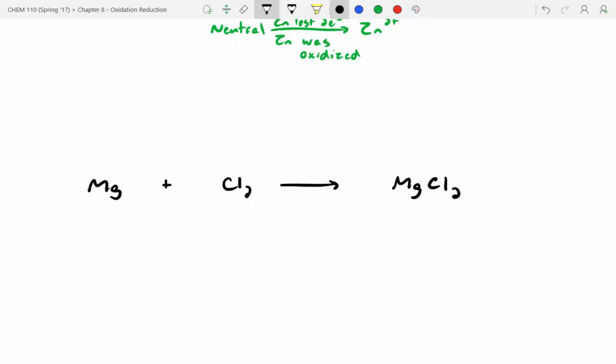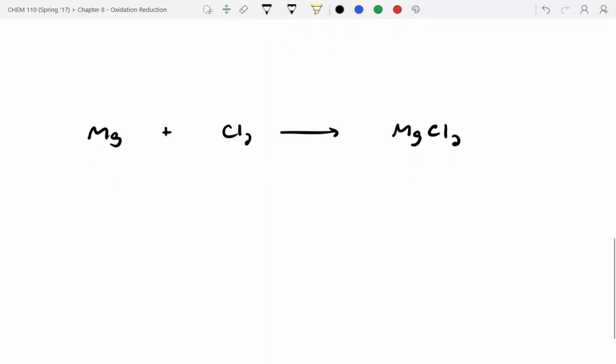So it looks like we're ready to determine which element was oxidized and which one was reduced, and then count the number of electrons. So again, I'm just going to put some arrows going up and then down. Then we can keep track of them that way.